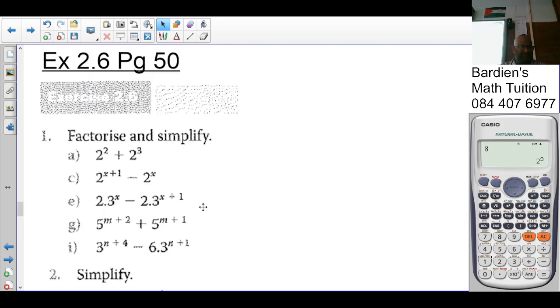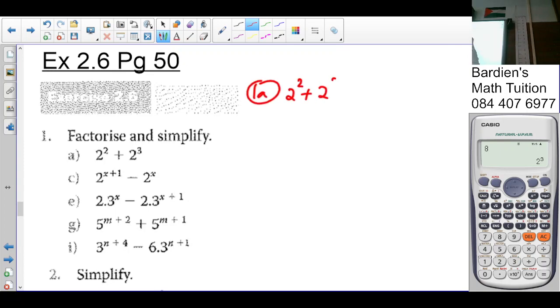Okay. So as indicated, the first 4 questions are answered already. Right, so number 1a. So you got 2 squared plus 2 cubed. Now we could have said that it's going to be 4 plus 8, which is 12. No problem, no?